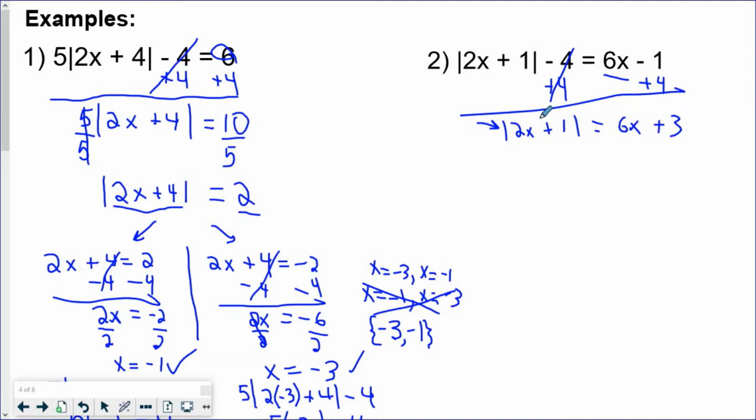So eventually we're going to get to quadratics and we will solve for squares. But now I'm solving for the absolute value, and now I obey what the absolute value says. The absolute value says that this quantity in here, 2x plus 1, is equal to 6x plus 3, but it's also equal to the negative version of that. So what that looks like is we just write down 2x plus 1, and we set it equal to the negative quantity of this.